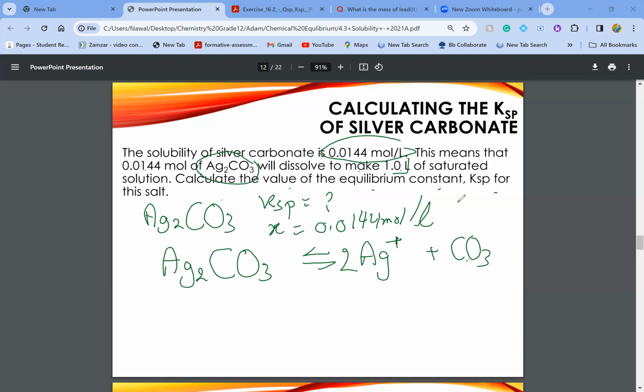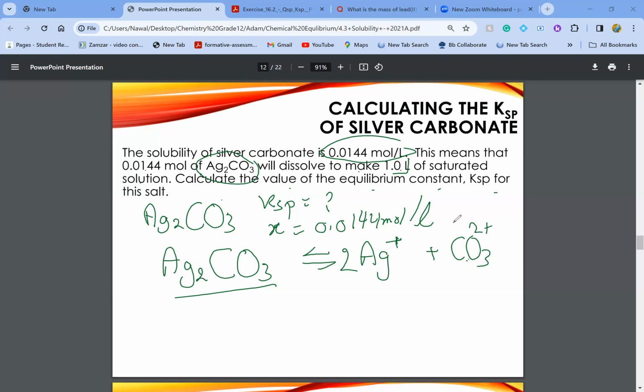You have to guess from here. Oh, okay. Yes, the charge of carbonate is minus 2. Remember, this is minus 2, the charge of the carbonate. Yeah. Okay.